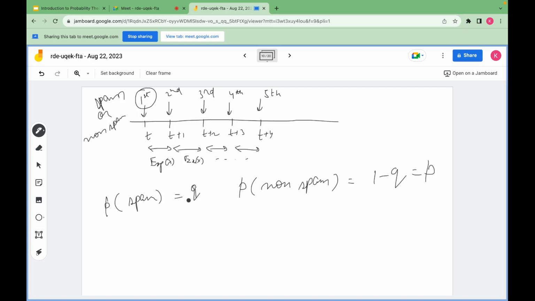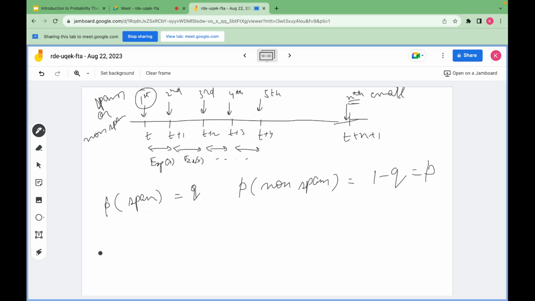Now let Z be a random variable, the sum of... Suppose we have checked up to the nth email.